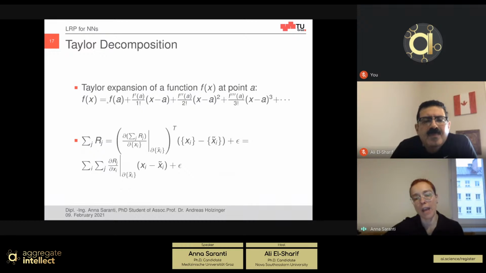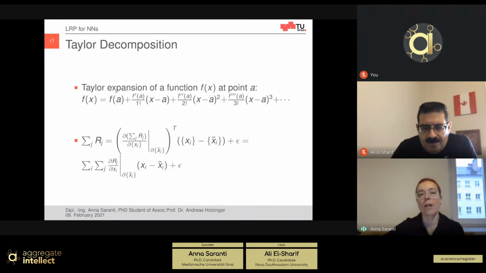And ideally, if f of a is also 0, then we can decompose the relevance of one layer according to the derivatives and x_i minus the root point, so to speak. This is why we have this tilde here.